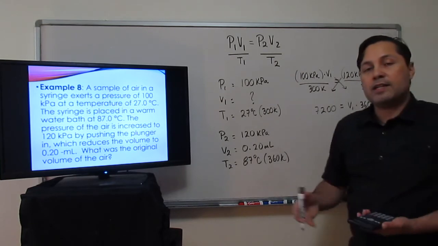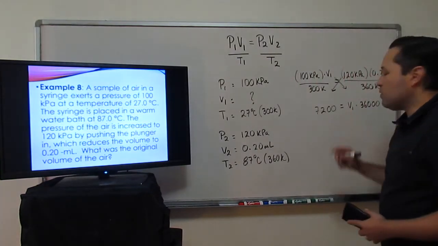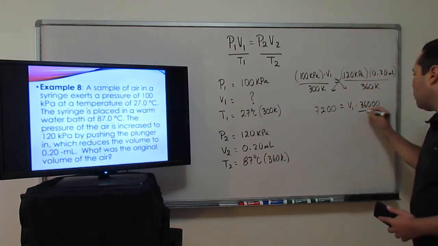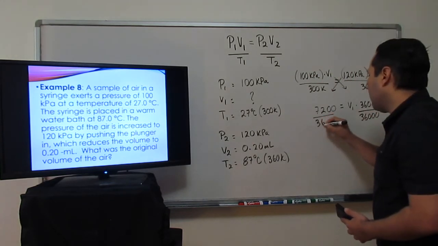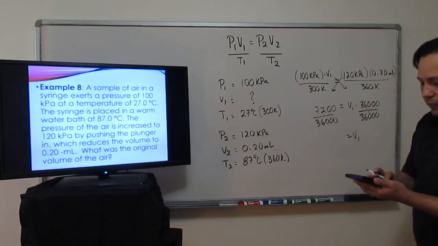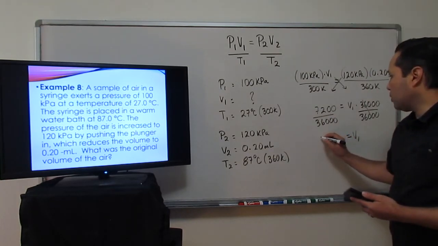Alright, so that's the product of our cross multiplication. Next, we want to isolate V1, so we're going to divide by the number next to it, which is 36,000. So we divide both sides by 36,000. So 7,200 divided by 36,000 gives us a volume of 0.2.